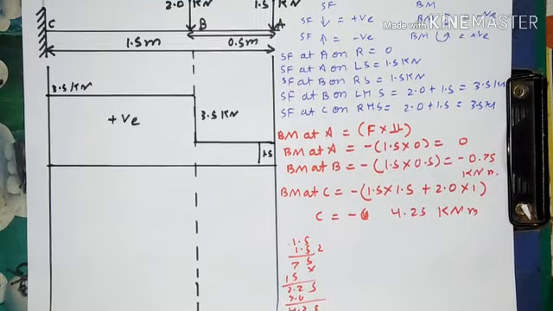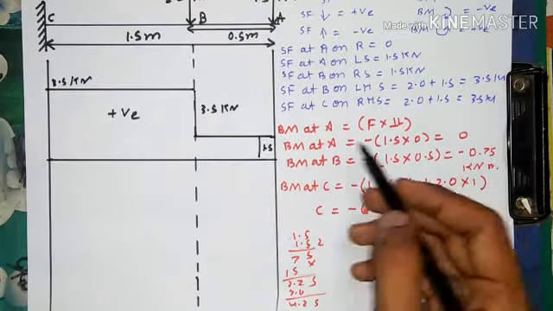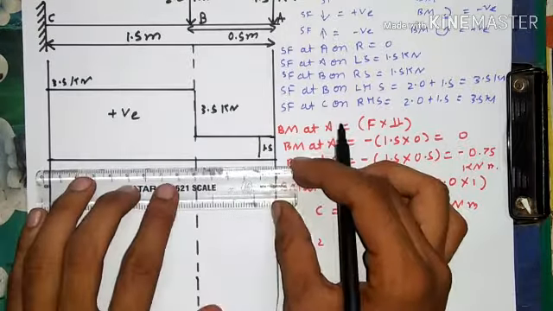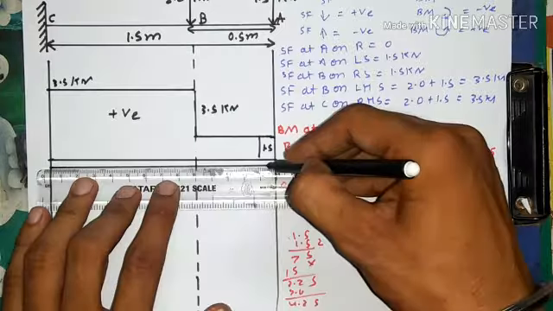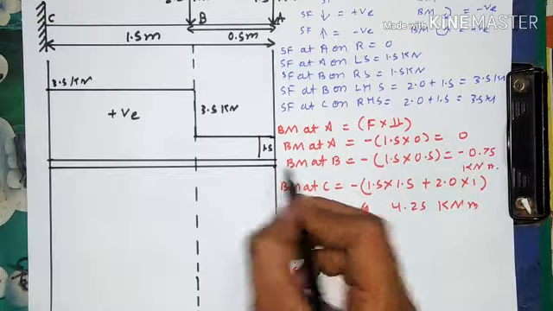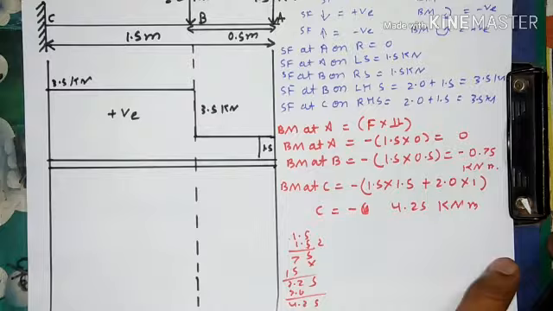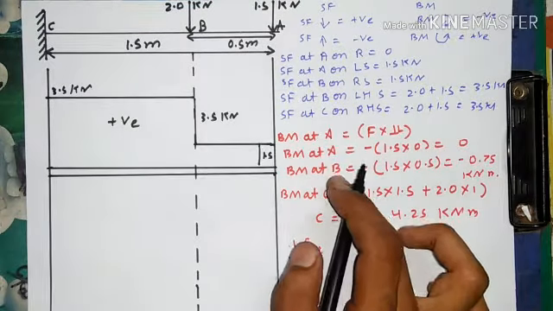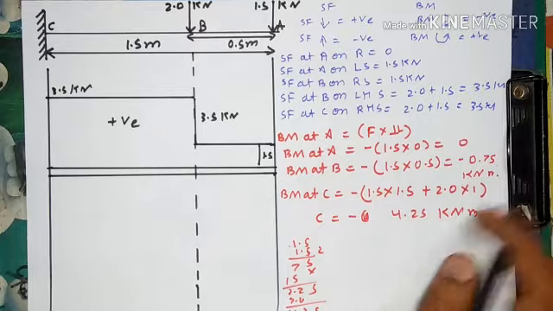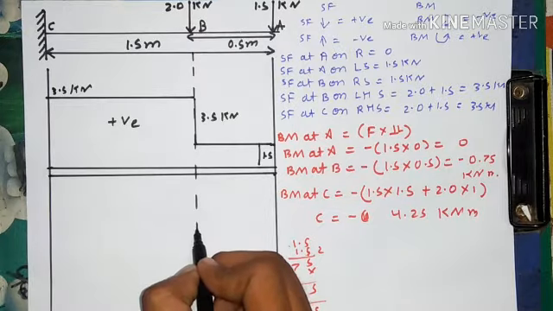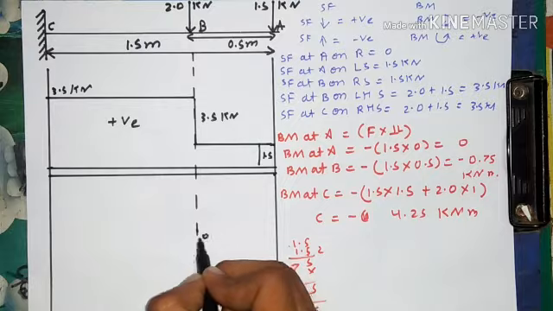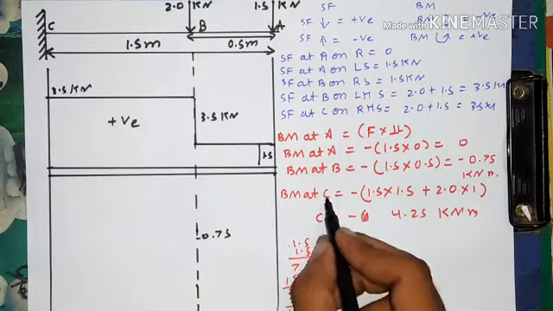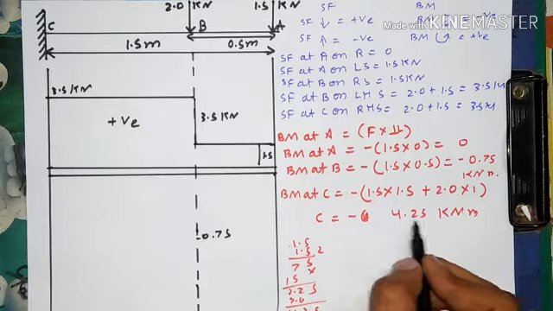And bending moment: the bending moment at point A is 0, at point B is 0.75, and at point C is 4.25.